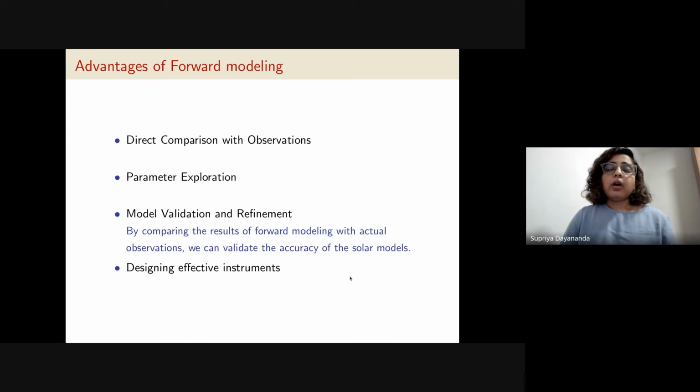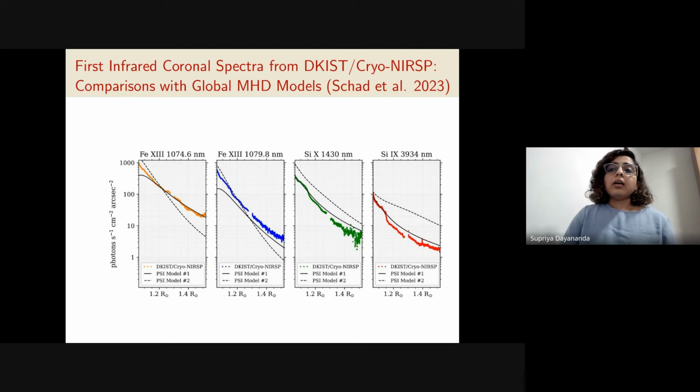You can do model validation and refinement by again comparing the results of observations with the synthetic profiles. Here, when I mean the model, I'm specifically referring to the atmospheric models.